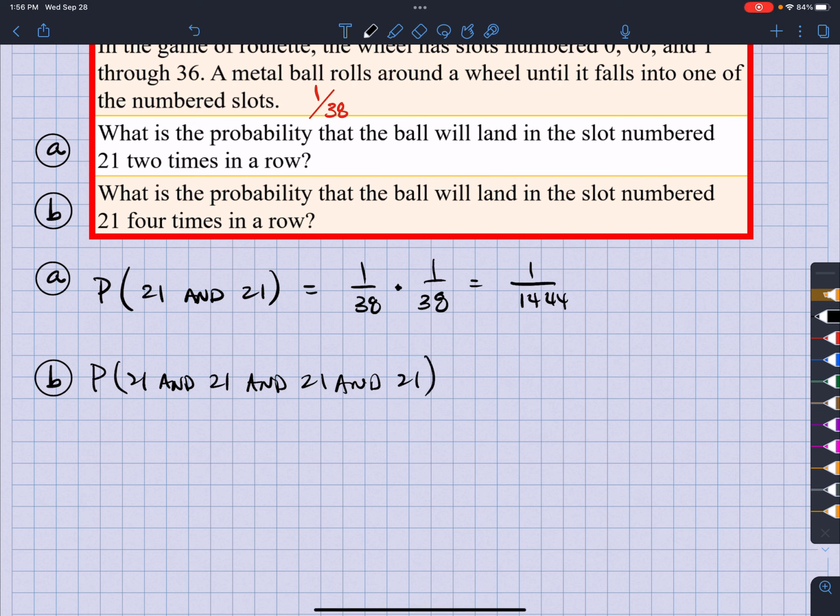So it's going to be 1 out of 38 times 1 out of 38 times 1 out of 38 times 1 out of 38. That's 1 over a really big number, 2,085,136, which is quite the odds against you.